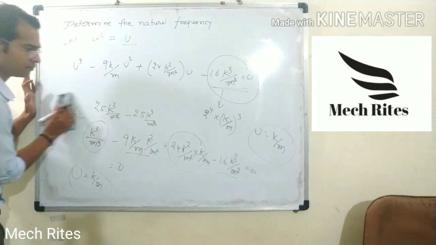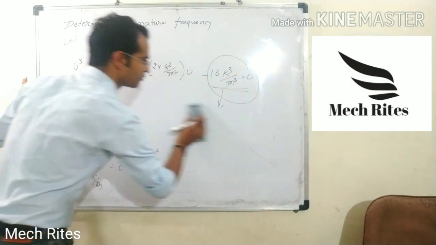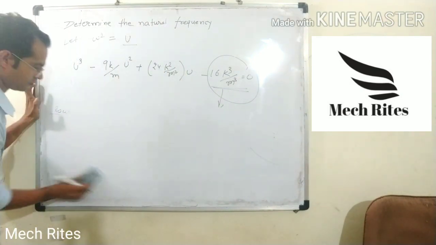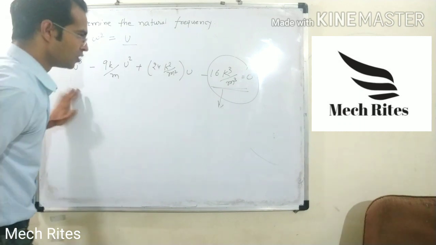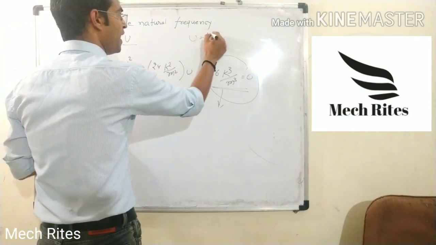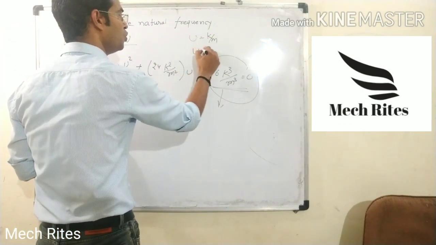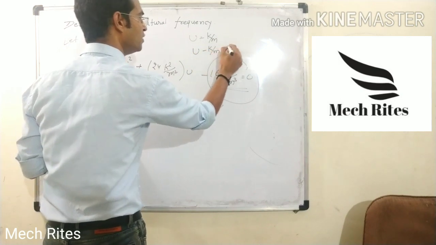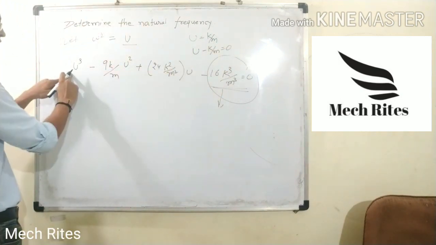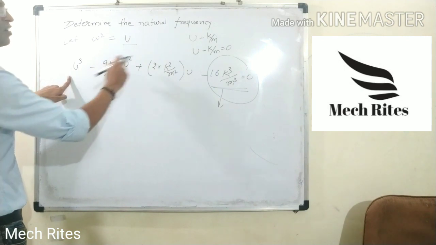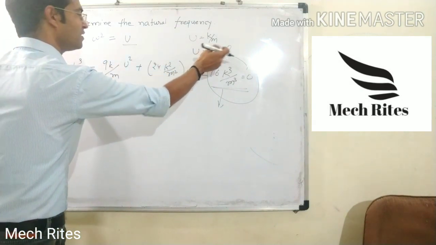Now how to solve? U equal to k by m, it means u minus k by m will be a factor of this part. So I will convert all this in the form of u minus k by m.